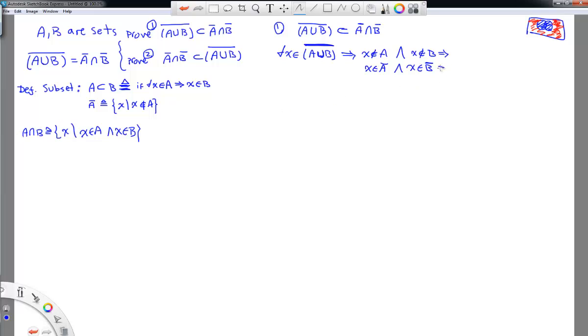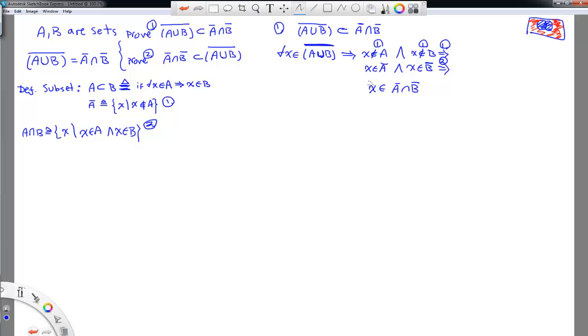So according to this, x belongs to A bar intersect B bar. So definition number 1 helps me here, and according to definition number 2, x belongs to A bar intersect B bar.